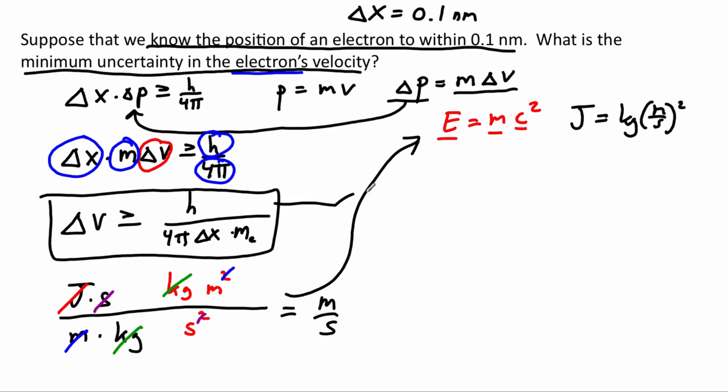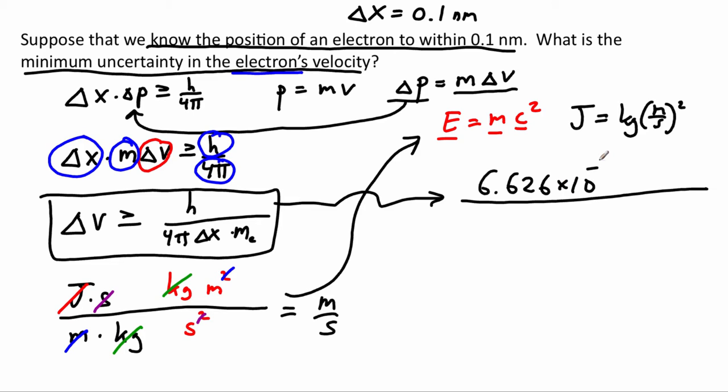Let's go ahead and use it over here. So we just plug in the numbers. We do have to be a little bit careful because we want to put everything in base units. So Planck's constant is 6.626 times 10 to the negative 34 joule seconds. We've got 4 pi. We've got the uncertainty in x, and we have to be careful.